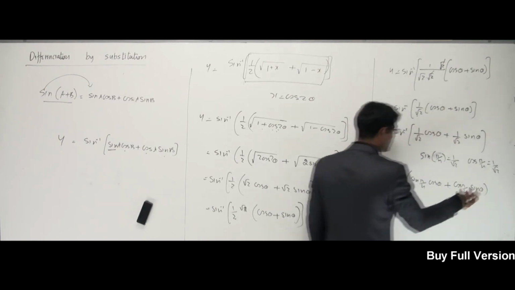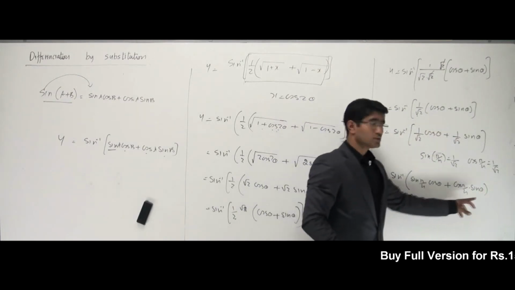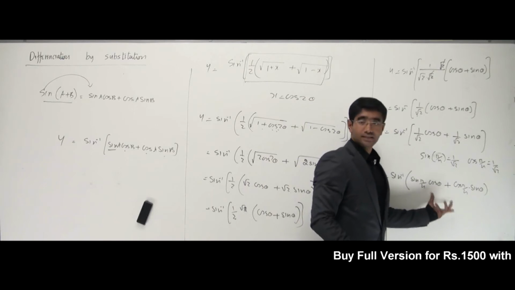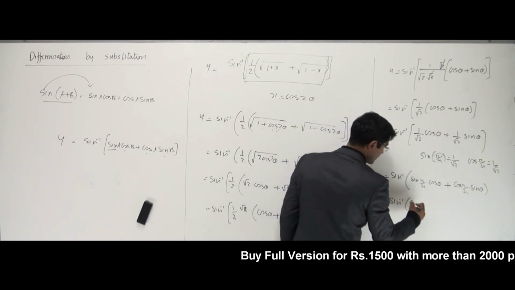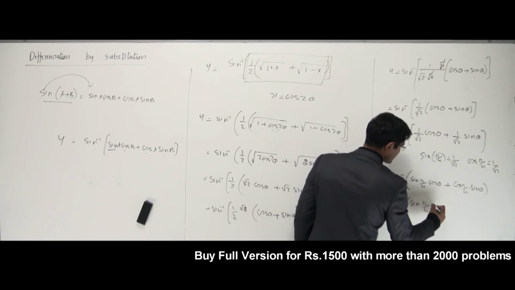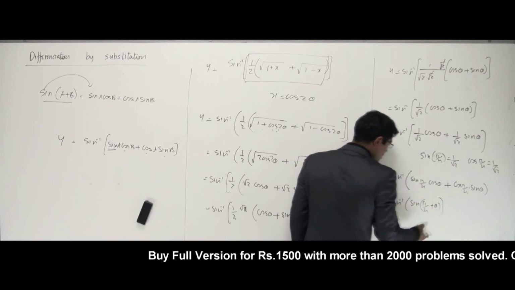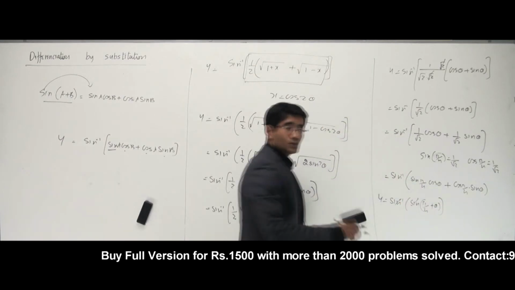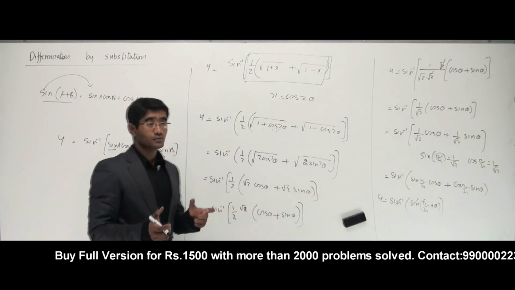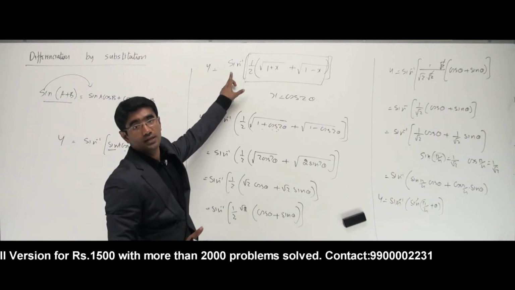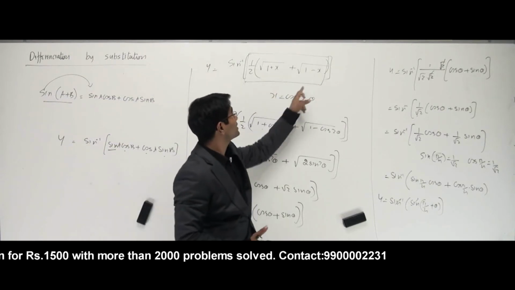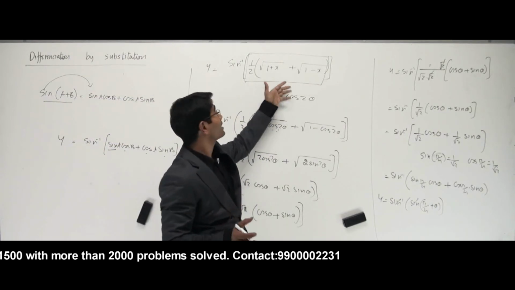Now it looks more like sin A cos B plus cos A sin B, where A is pi by 4 and B is theta. So what happens to my problem? y is equal to sin inverse of sin of pi by 4 plus theta. Now I can cancel this, guys. So my thought process is, when I have a sin inverse outside, I should make sure this becomes sine somehow so that I can cancel the sin inverse.